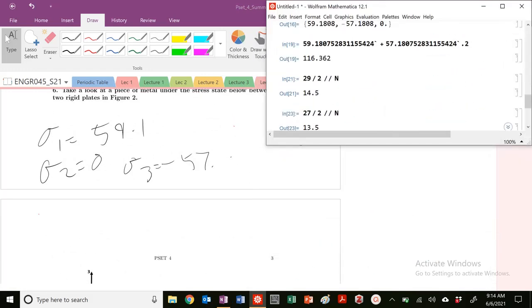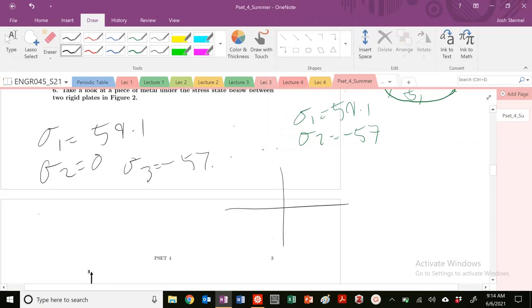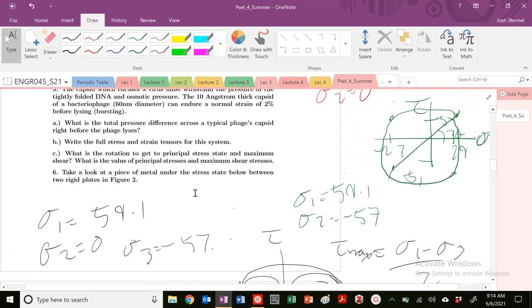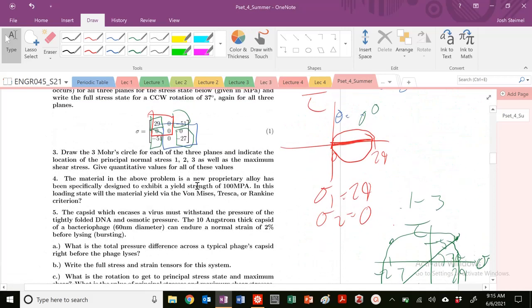So let's draw that here for 3D. I've got my sigma 1, my sigma 2, and my sigma 3. Draw a circle like this, draw a circle like this, draw a circle connecting them. So my maximum tau in the entire stress state is just going to be my sigma 1 minus sigma 3 divided by 2. That's it. Very similar, again, lots of good circle geometry. We can give you those quantitative values, and that's fantastic.